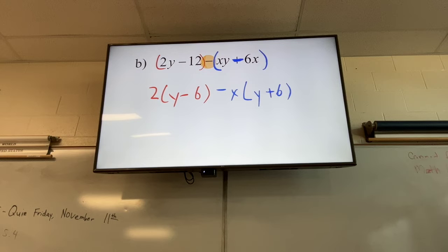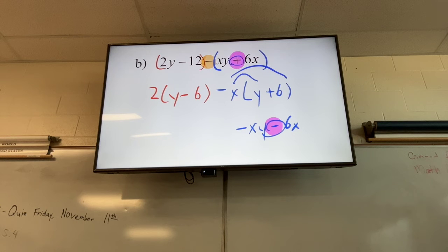If I had left this as a plus, when we went back to redistribute my x, we get minus xy minus 6x, right? That's not the same as what we had up here. These 2 signs are different.